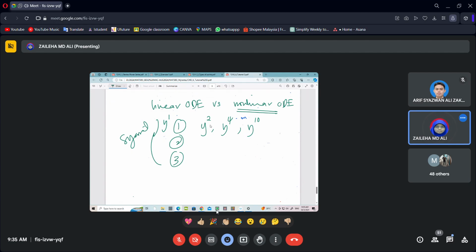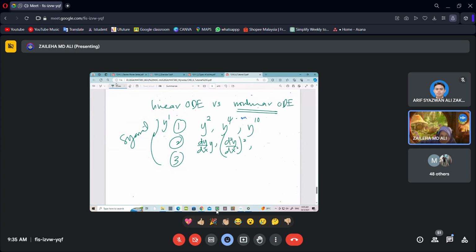Yang kedua, right, derivative you pun power dia 1. Bermaksud kalau ada derivative darabkan, yang ni tak boleh. Dia jadi non-linear. Kalau you ada second derivative kemudian dah kuasa 2, dia dah jadi non-linear.